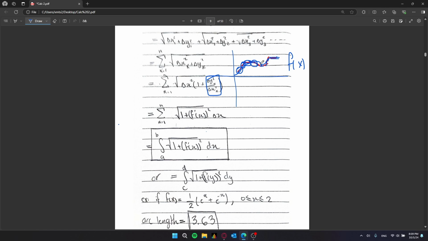So when you are integrating that with respect to dx, you are finding the length of the arc. And you can do the same thing with y if your graph is something like this. You can just swap from integration from a to b with respect to dx to integration from c to d with respect to dy. That is the core of the arc length lesson.